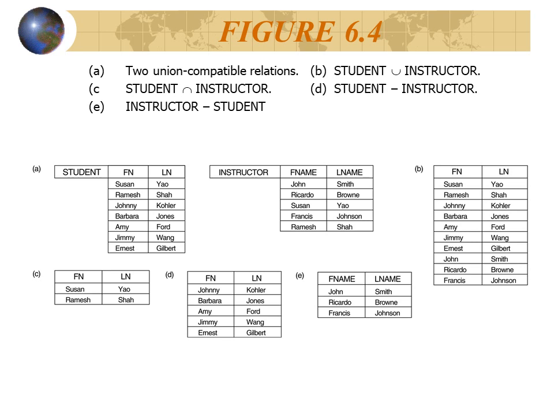So we have Susan Yao, and also Susan Yao in the other table, but it appears only one time. Likewise Ramesh Shah appears in both, so it is eliminated and not displayed again in the result of the union.